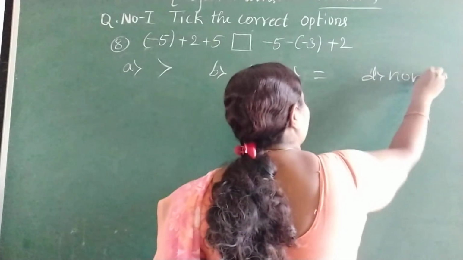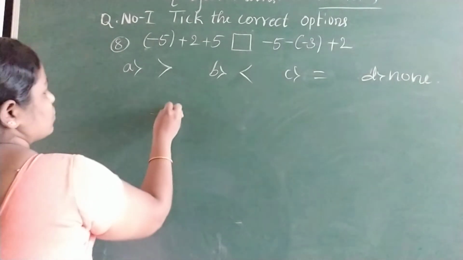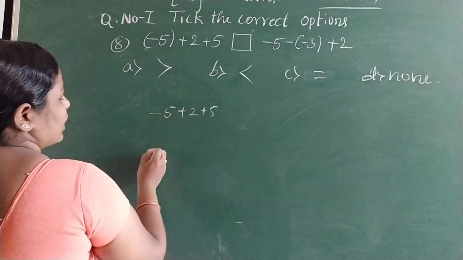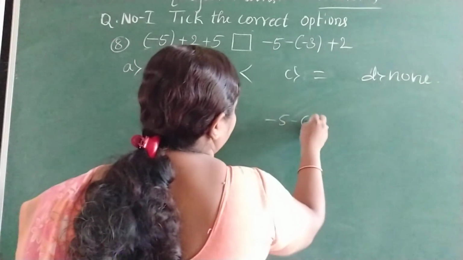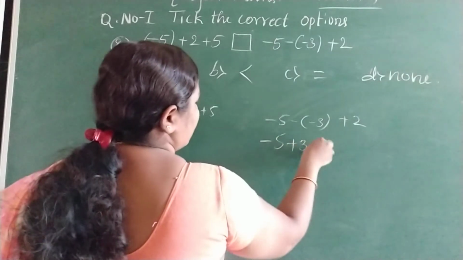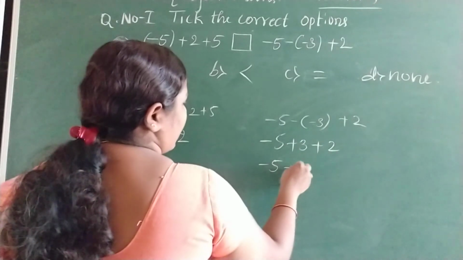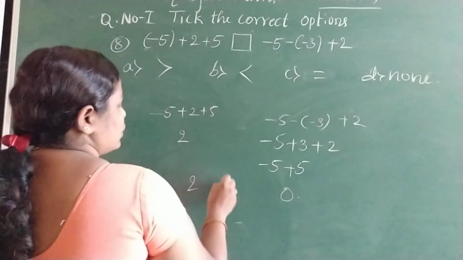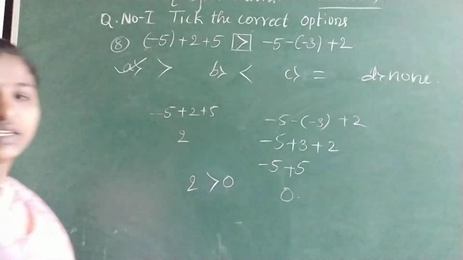So you have to simplify LHS and RHS. Minus 5 plus 2 plus 5: minus 5 and plus 5 become 0, you will get 2 here. On the right side, minus 5, minus into minus 3 plus 2, so minus 5 plus 5, you will get answer 0. So 2 and 0, which is bigger? 2 is bigger. So option A is the correct answer.